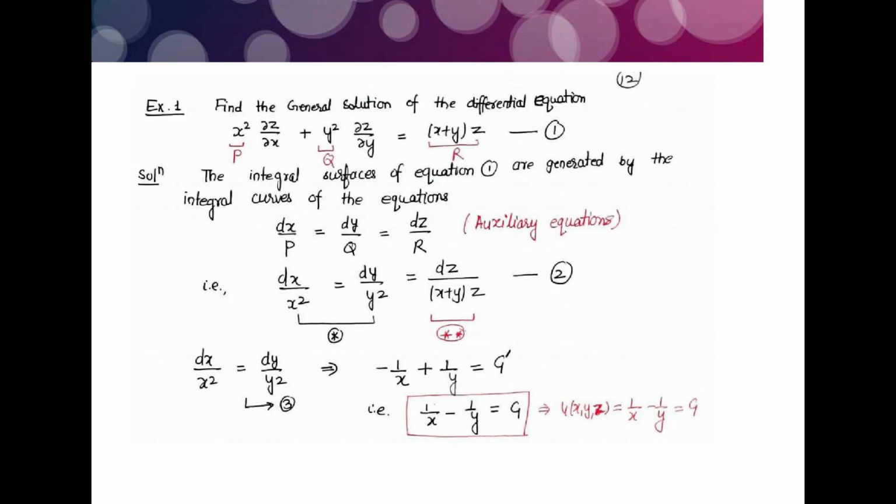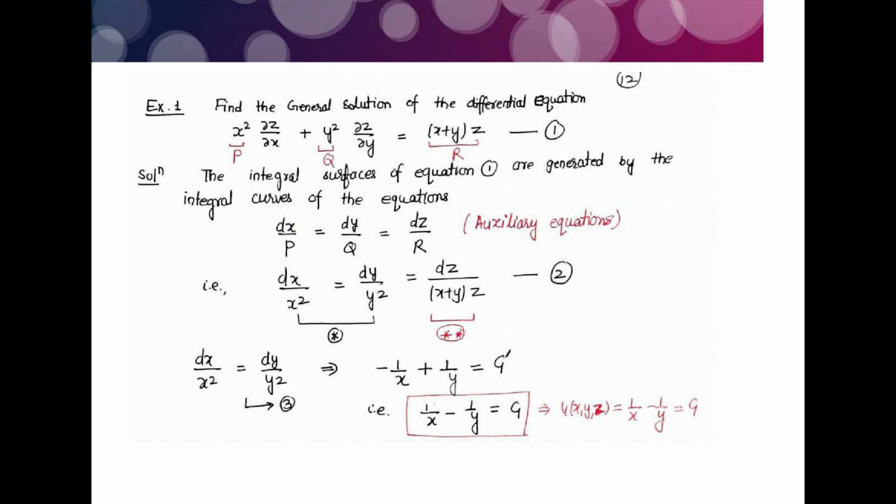Consider example number 1. We have to find the general solution of a partial differential equation given by 1. Here capital P is x square, capital Q is y square, and capital R is the right hand side of equation number 1, that is x plus y into z. The general solution is sometimes called the integral surface also.